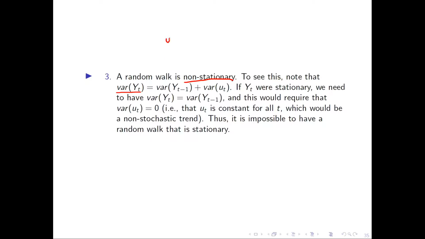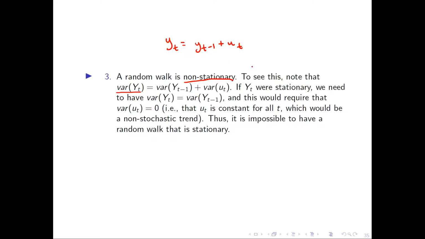Because we had that yt equals yt minus 1 plus the error term, right? This is the random walk without drift.